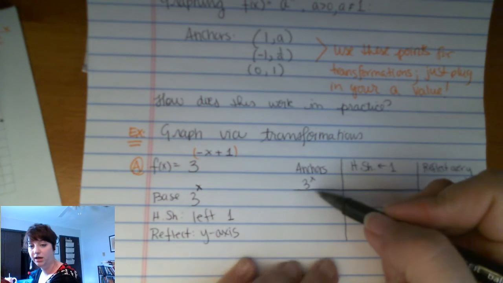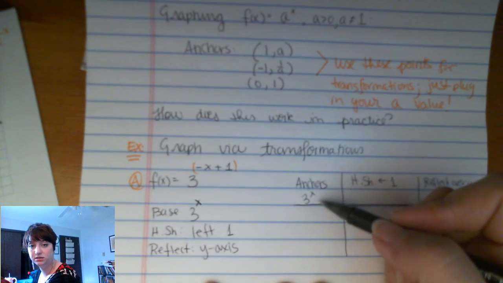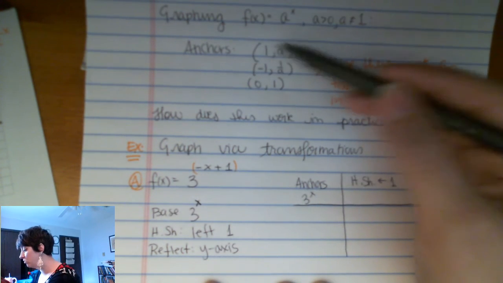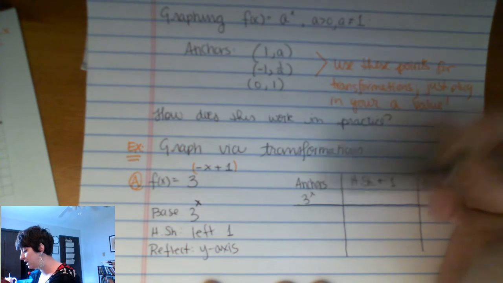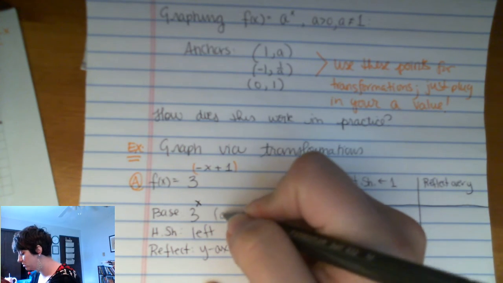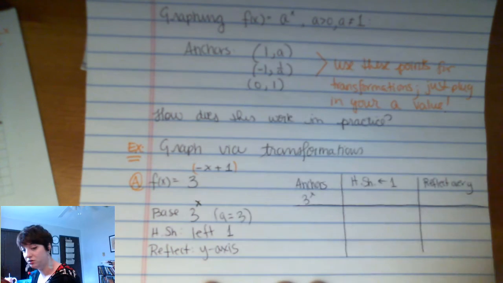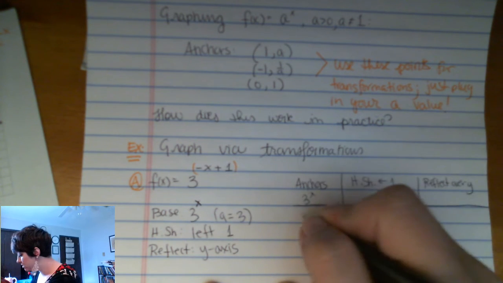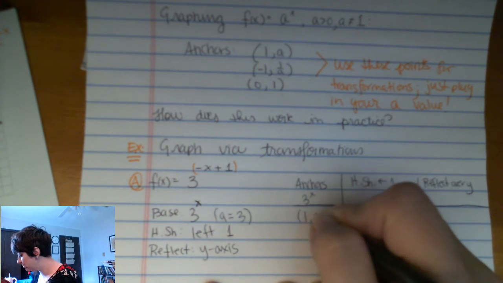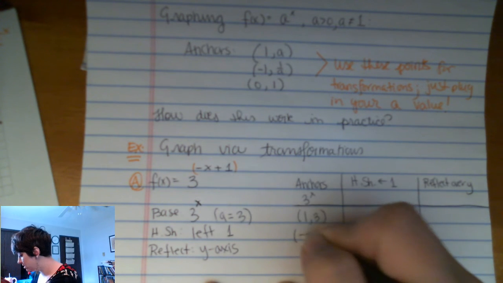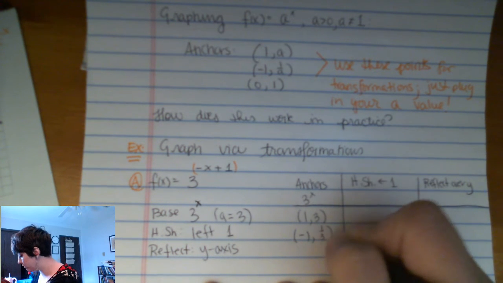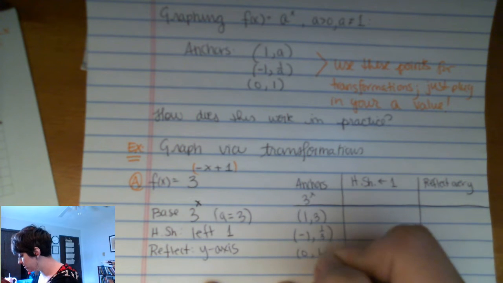All right, so if I'm doing 3 to the x, my anchor points are 1, a, in this case a is 3, and maybe it helps to write that right there. So I have 1, 3, negative 1, 1 over 3, and 0, 1.